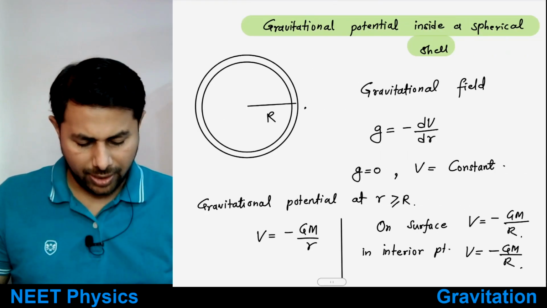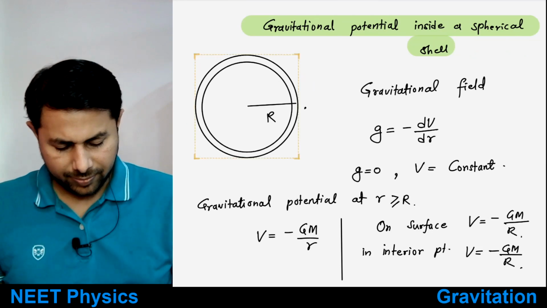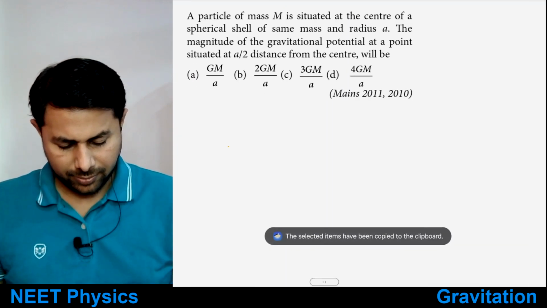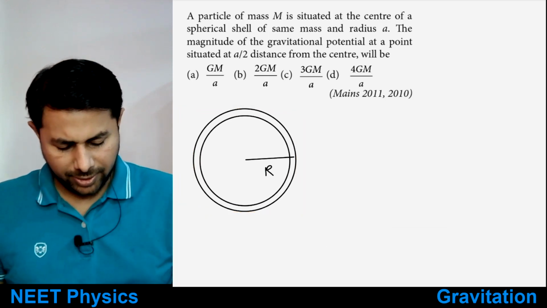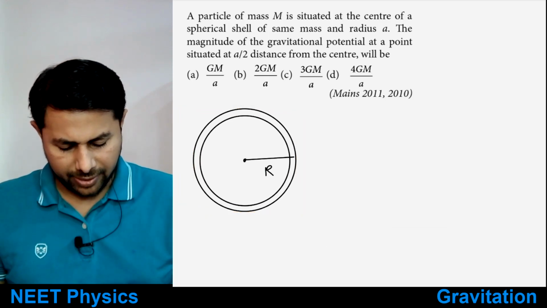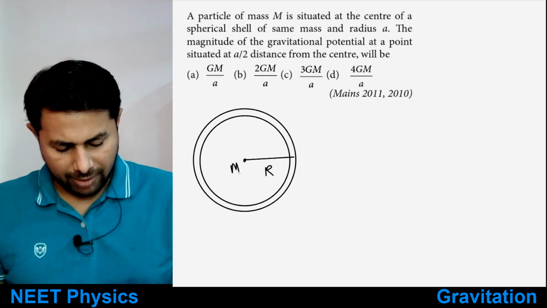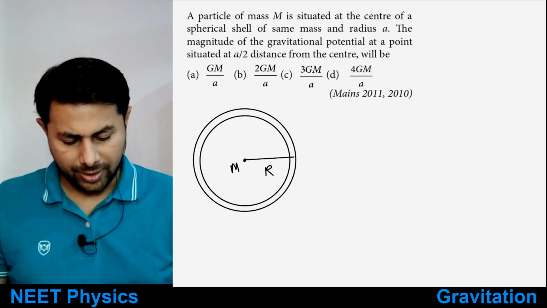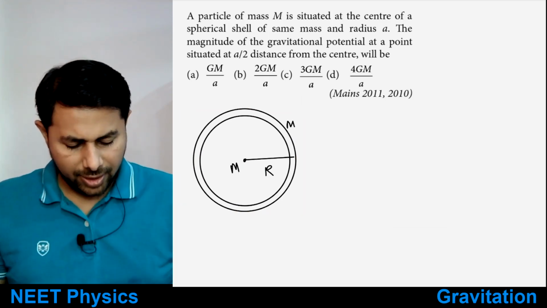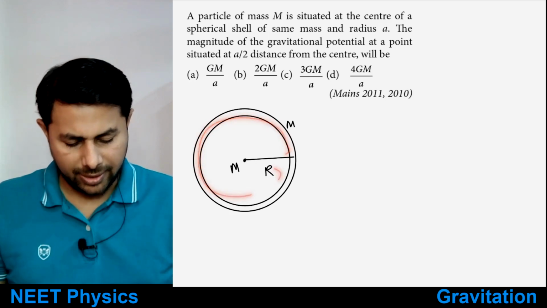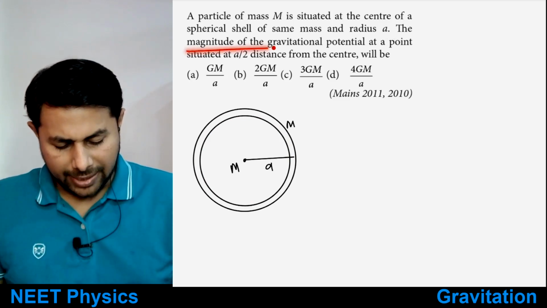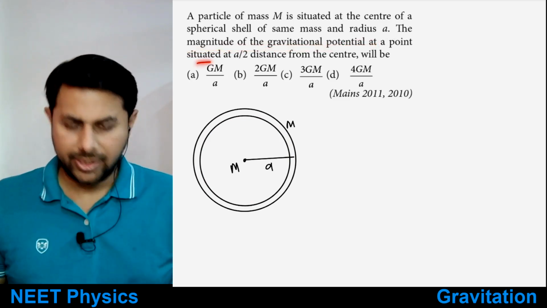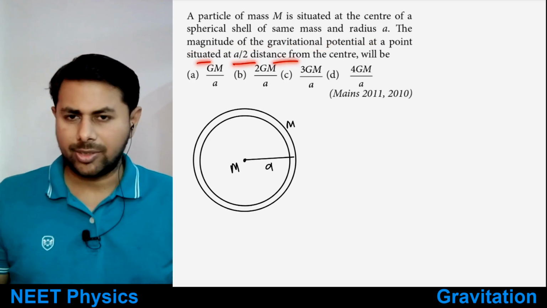Okay, so you have a shell like this, and also at the center of shell there is a particle having mass m. Mass of the shell is also m, and its radius is a.